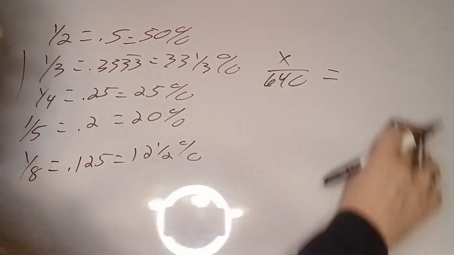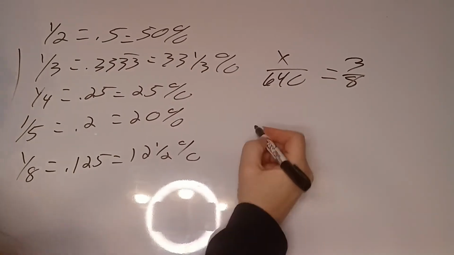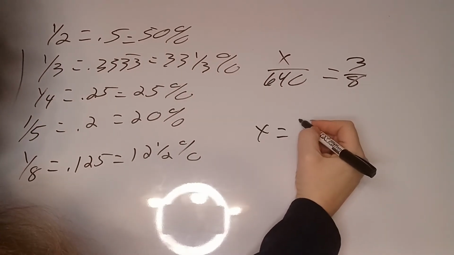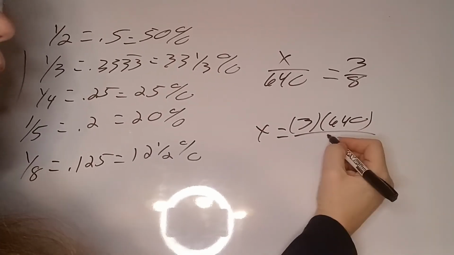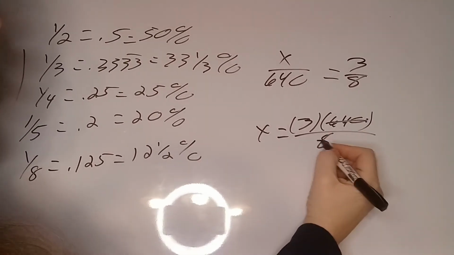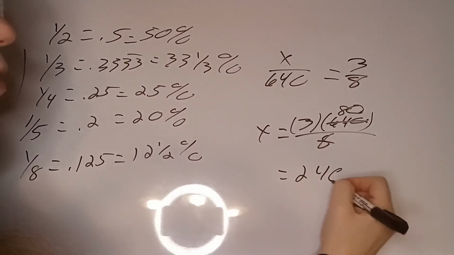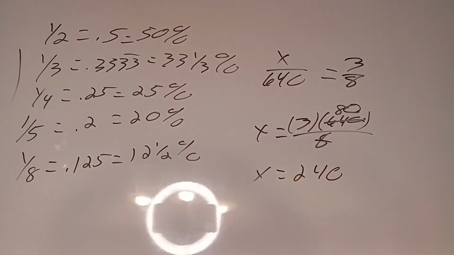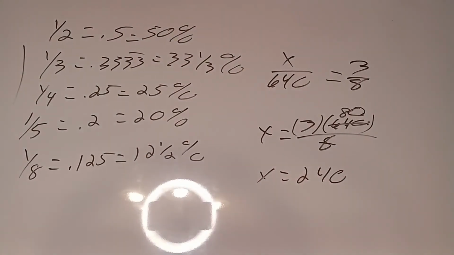So that gives us 3/8. So x equals 3 times 640 divided by 8. So this is 80. 80 times 3 is 240. So you see, by knowing these relationships, we can swap things in and out.